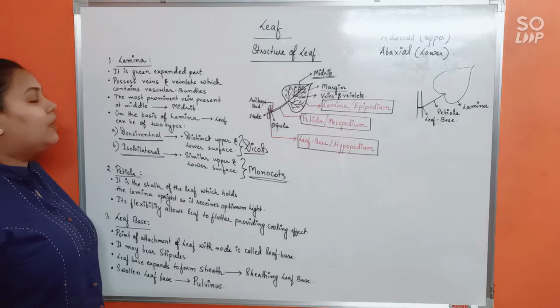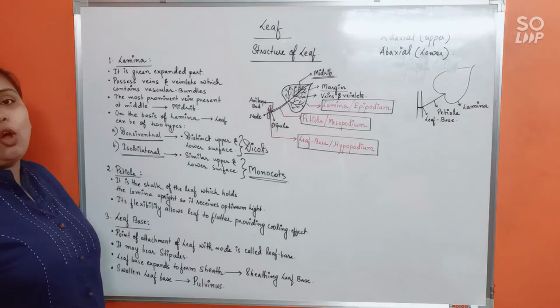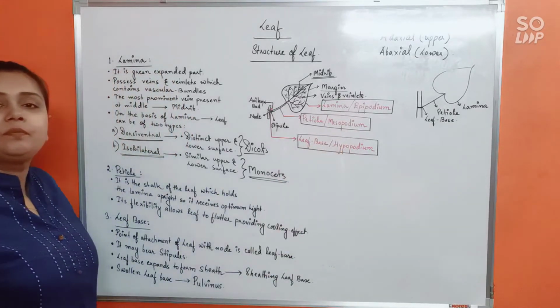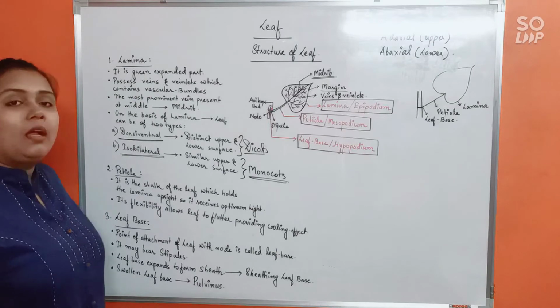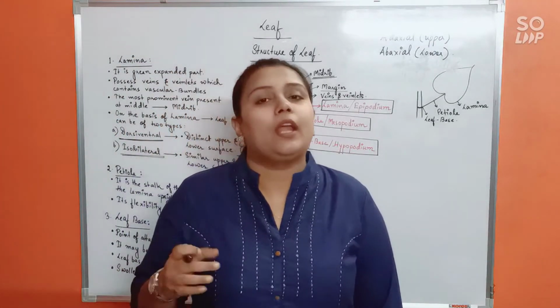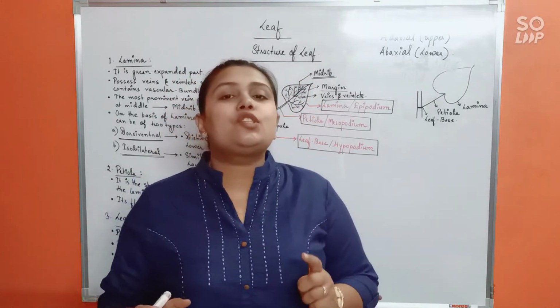Alright. Now moving to the next part of the leaf, that is the petiole or mesopodium. Now see, the first thing about the mesopodium or the petiole: the petiole is the stalk of the leaf.